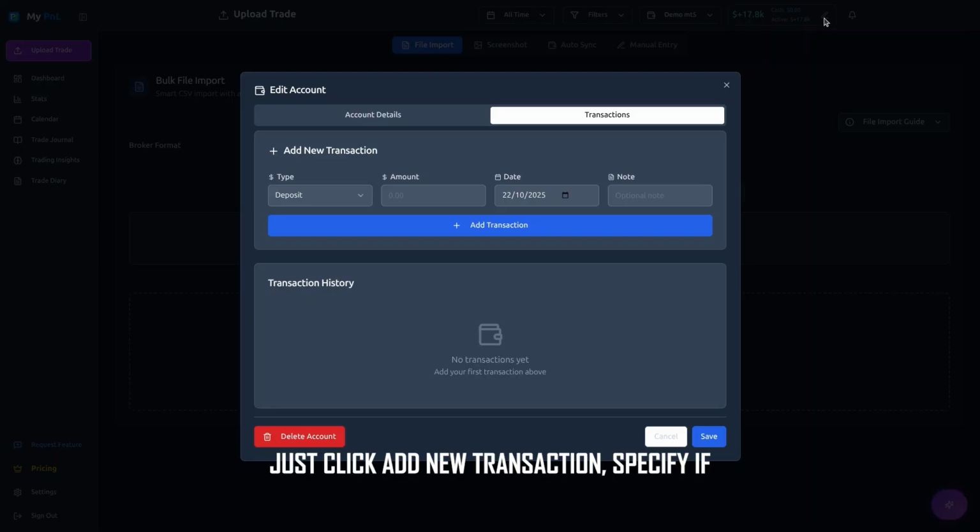Just click add new transaction, specify if it's a deposit, the amount and the date. This is crucial because it separates your actual trading profits from the money you're adding to your account. By tracking your cash flow here, the system can give you a true picture of your performance. Your profit and loss in the journal becomes a real measure of your trading skill, not just your account balance changes.